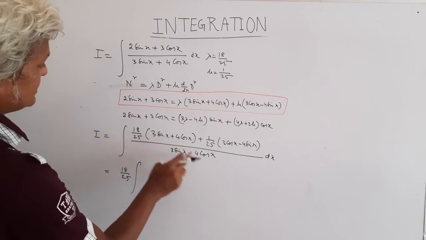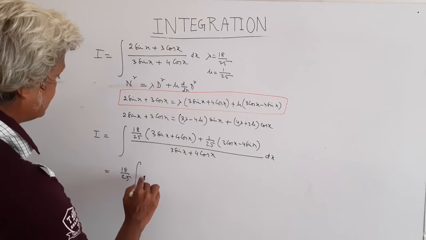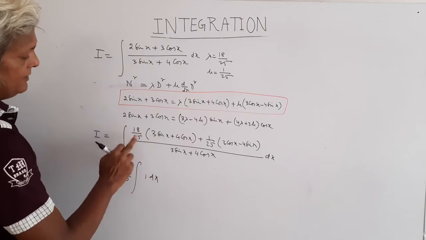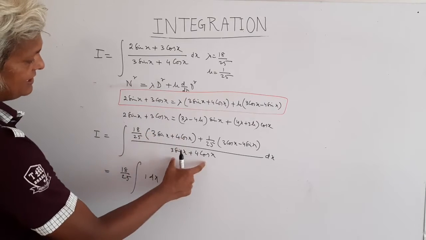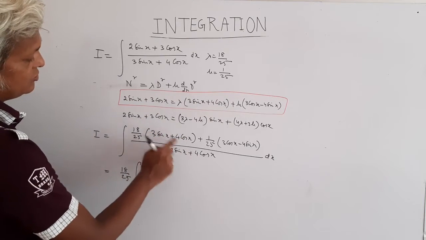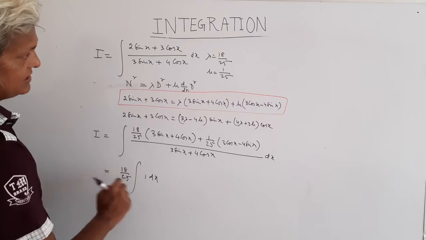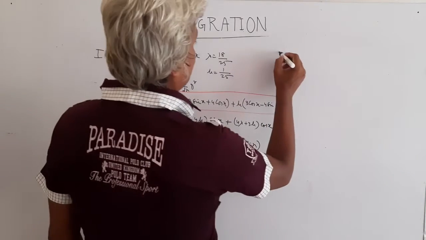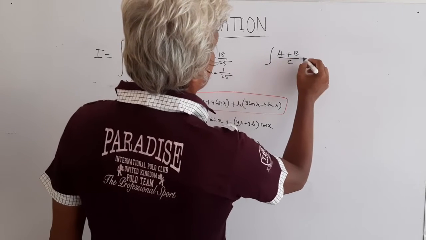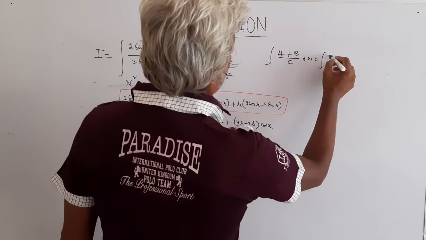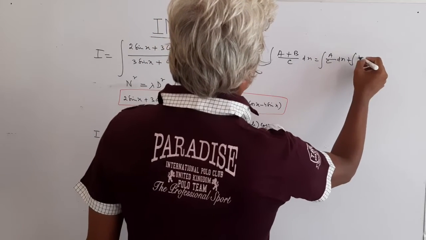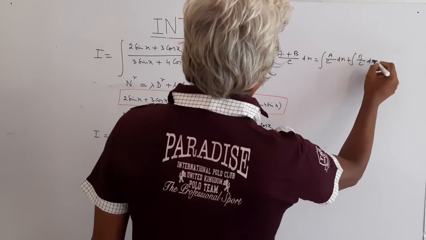If I write this by this, so these two will cancel, so I write only as 1 dx. You see properly? I have to write 18 this divided by this. So 3 sin x plus 4 cos x over 3 sin x plus 4 cos x, these two cancel, and you have only this. Because we have this form, a plus b over c integral dx, and then we are trying to write it as integration of a over c dx plus integration of b over c dx.